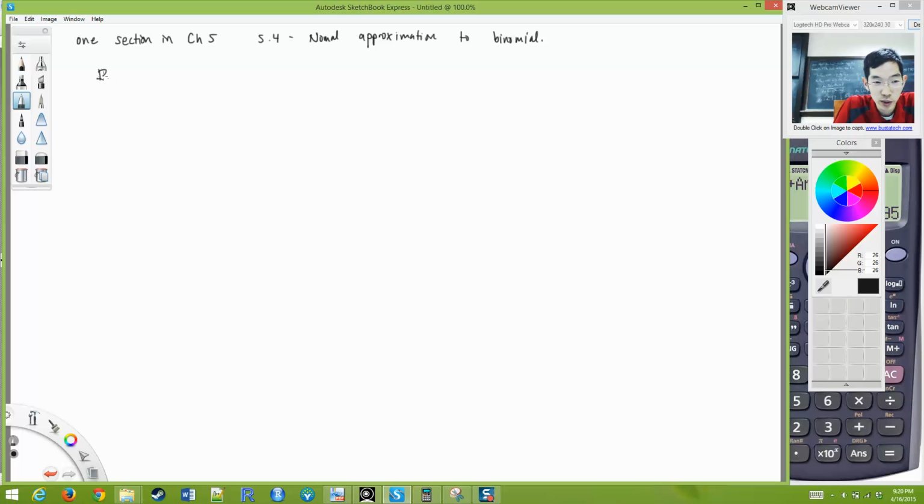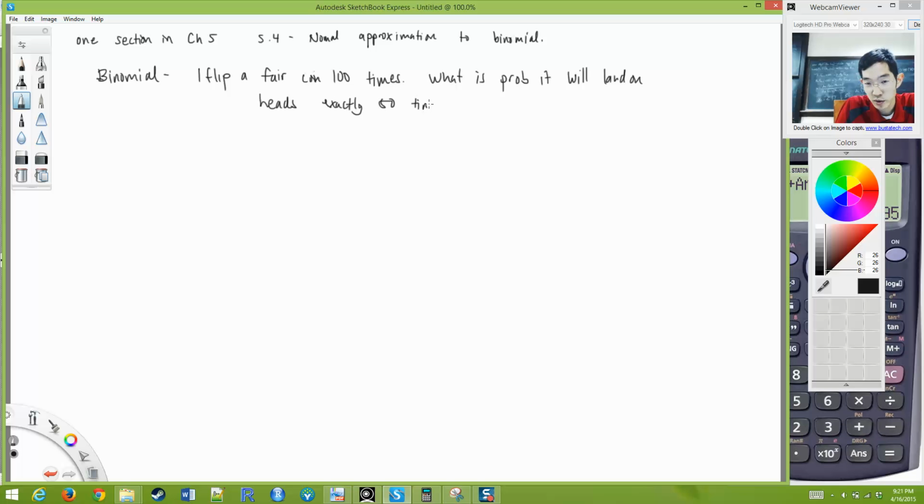So with the binomial, we say, I flip a fair coin 100 times. What is the probability it will land on heads exactly 50 times?